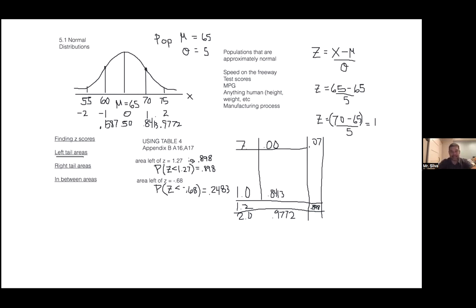This is finding the probability of someone going over, let's say, above 70 miles per hour. So here's 70 miles per hour right here. This is the use of finding the right tail area. 70 or more. Okay, so I want to find this area over here. It's obviously below 0.5. So what percent of cars on the freeway are driving 70 miles per hour or more?